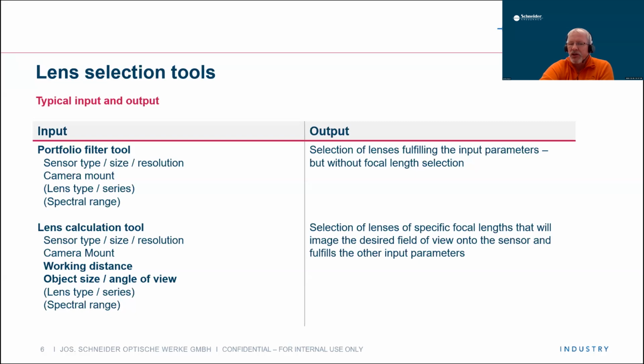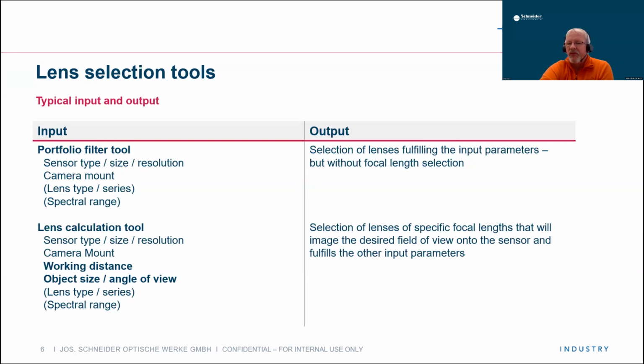And there are the lens calculation tools. Of course, again, you enter sensor information, camera information, but you also enter information about your application. And this is typically a working distance, or a distance from the object to the sensor. And you enter information about your object, either the size of the object, which is mainly the case in industrial applications, or in some cases also the angle of view.